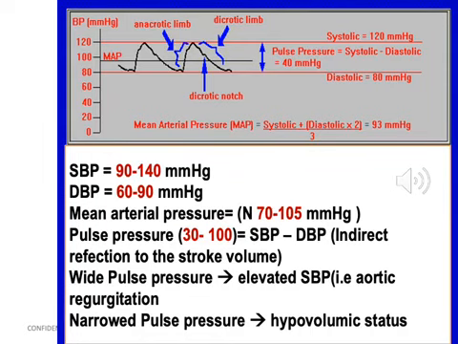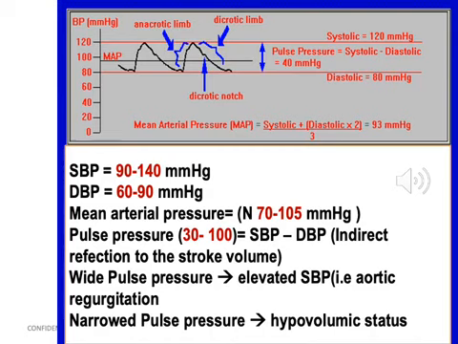We also have the mean arterial pressure, which is calculated from the systolic and diastolic, and we have the pulse pressure, which is the difference between the systolic and diastolic pressure, and normally it is between 30 and 100. The mean arterial pressure always reflects the flow to the vital organs. The pulse pressure has to do with the stroke volume, so it is an indirect reflection of stroke volume. When it is low, it means low stroke volume; when it is very high, it usually goes with high stroke volume. Normal pulse pressure is between 30 and 100.